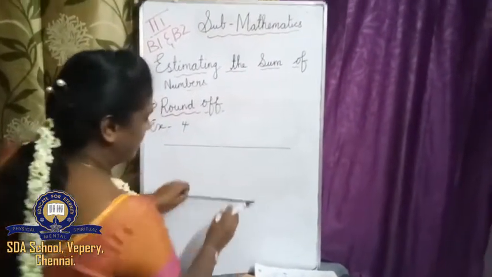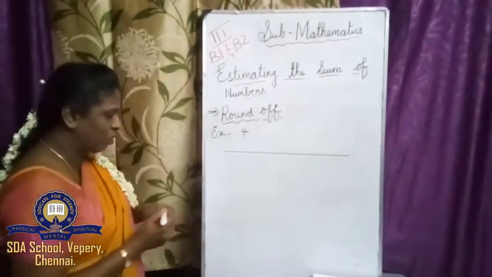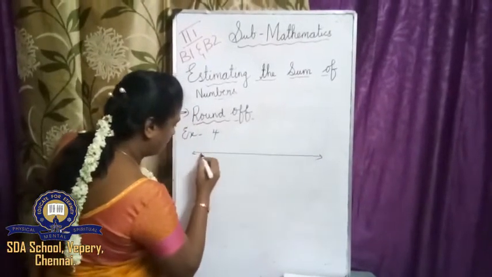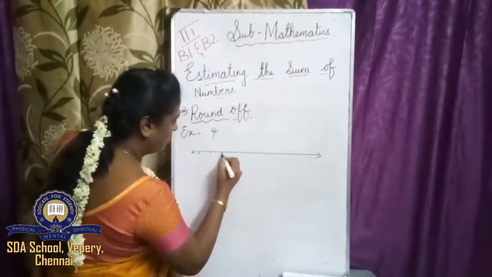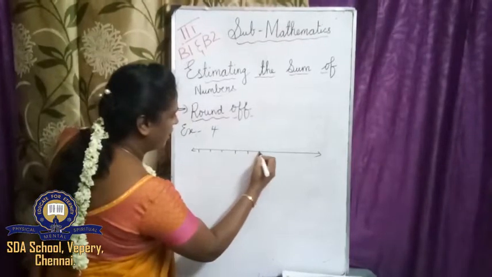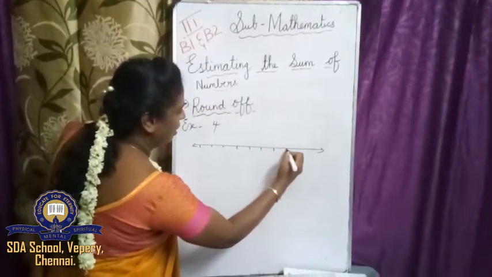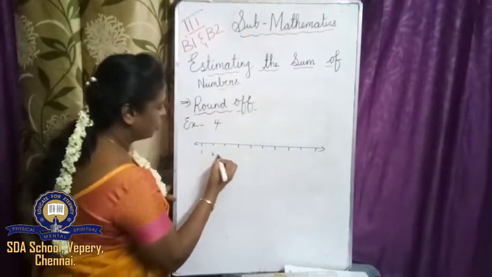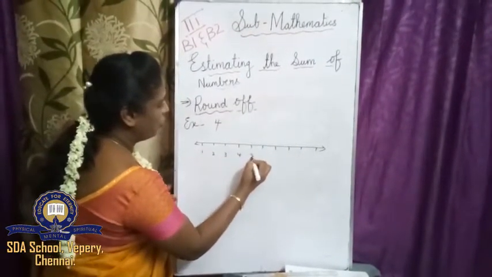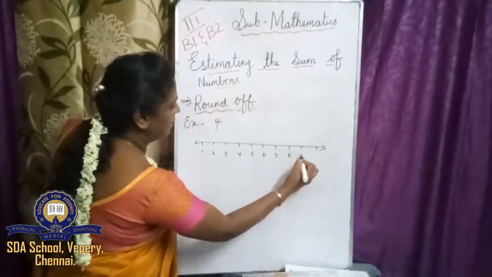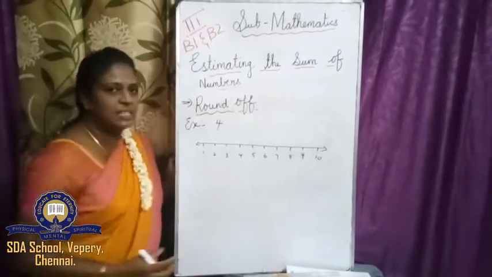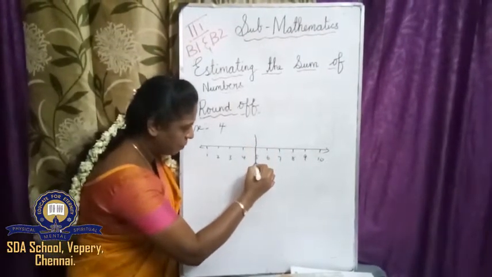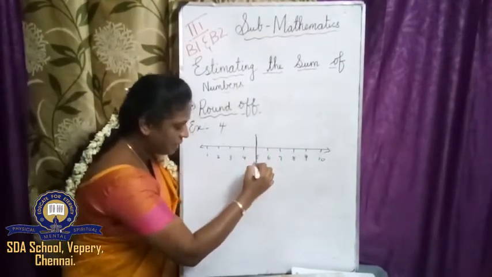A small scale with 10 marks: 1, 2, 3, 4, 5, 6, 7, 8, 9 and 10. I think this is a number line and 5 is in the center part. So 5 is the center.